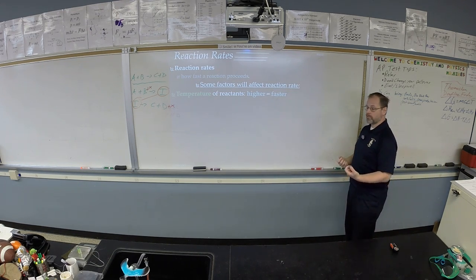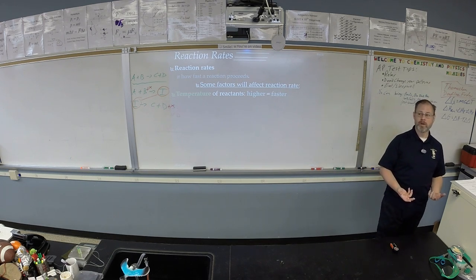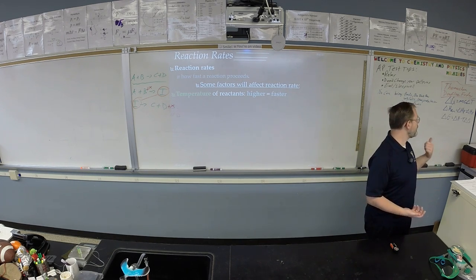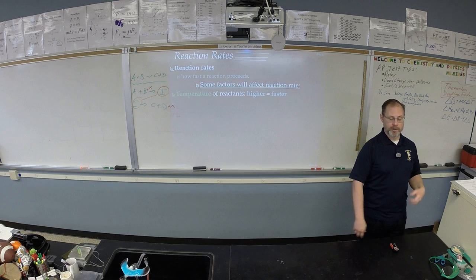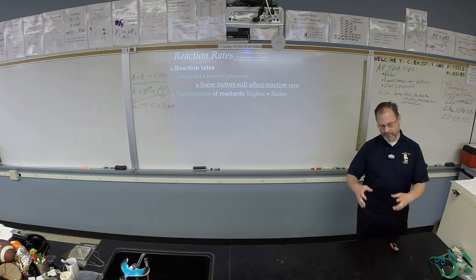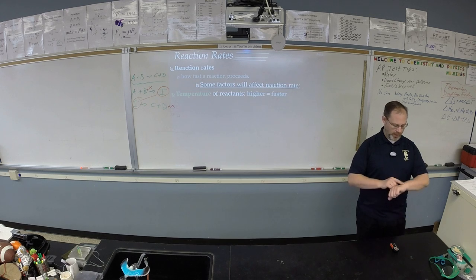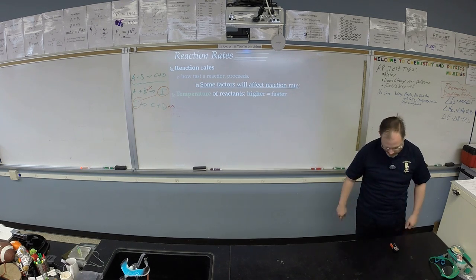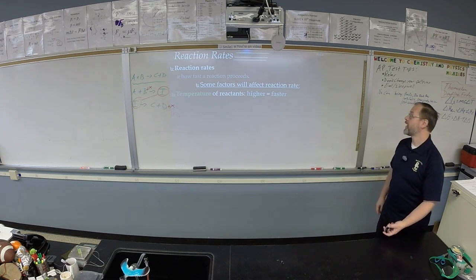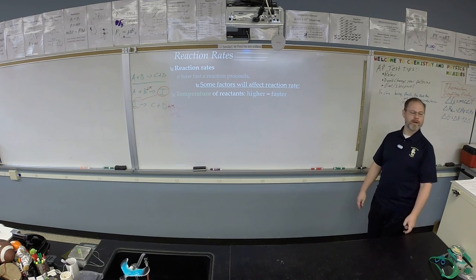So it turns out temperature plays a huge role in how fast reactions go. We're going to investigate that tomorrow in a lab. You're going to do some reactions that are cold, some reactions that are hot, and the hot ones are going to go broop, and the cold ones are going to be like, are we going to be able to finish this in class? It's going so slow. But yeah, temperature plays a huge role. What else plays a role?